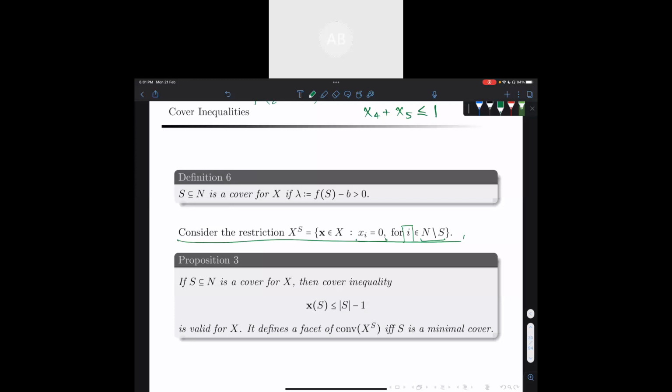Is anyone here familiar with solving discrete optimization problems through branch and bound? Anyone? I can't see any raised hands. Yeah, I don't either.